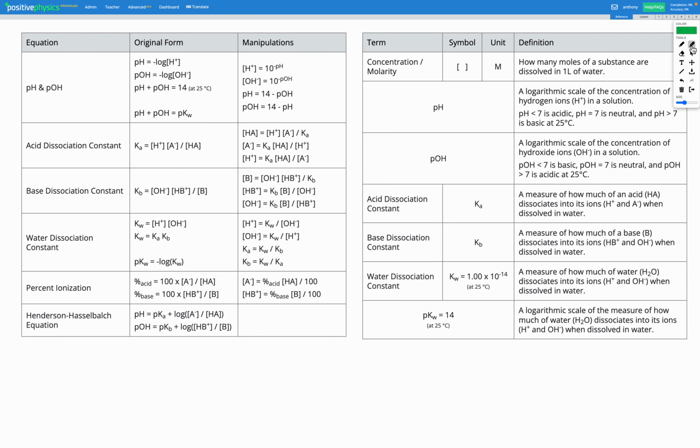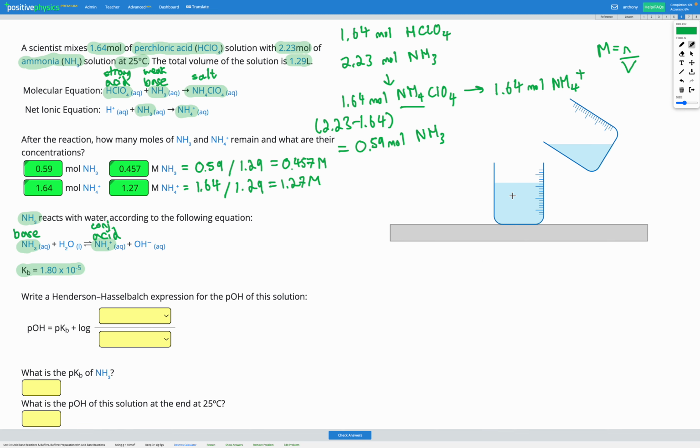Here on the acids and bases page of the reference sheet is our Henderson-Hasselbalch equation. Here's the equation for pOH for a base. pOH equals pKb plus log of the concentration of our conjugate acid divided by the concentration of our base.